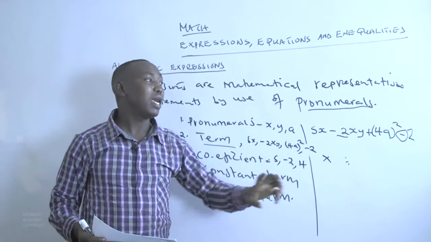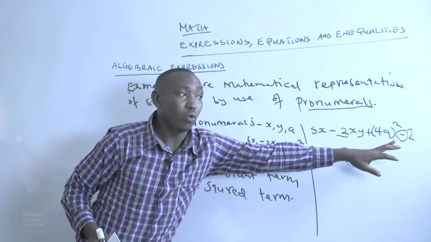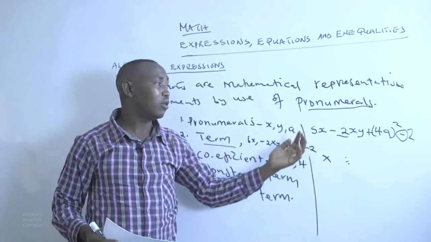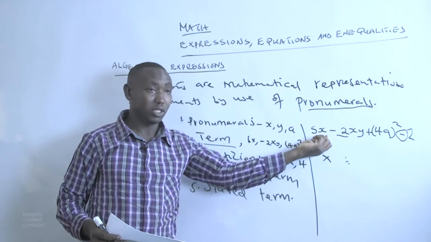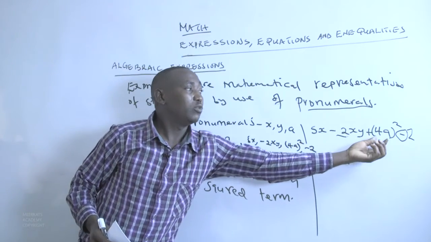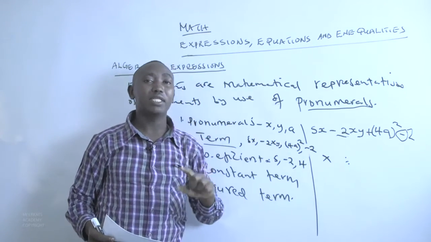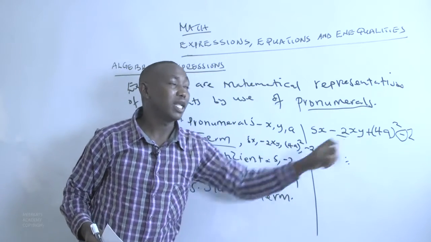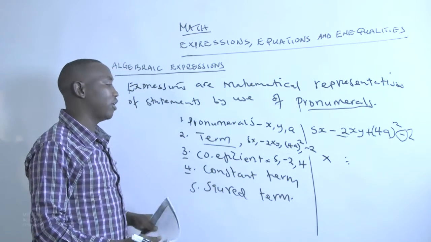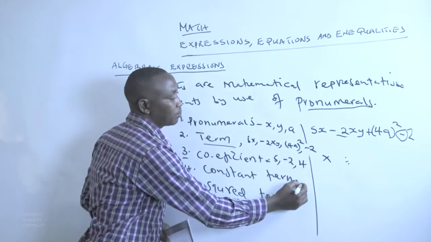That particular term is -2. Because if we had different values for x and y, of course this particular term will change. This one will change, this one will change. But a term that will remain constant all through that particular expression is -2. That is what we refer to as a constant term.